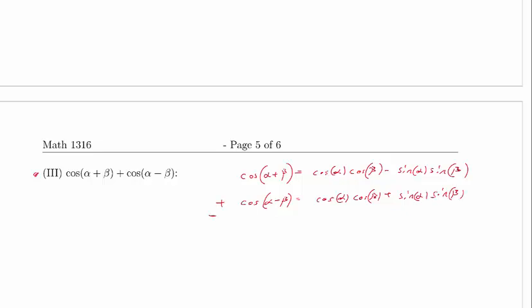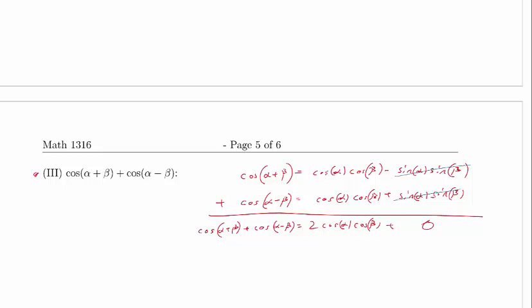And again, we are adding these, and so we get the following result: cosine alpha plus beta plus cosine alpha minus beta. And note that these two cancel, and so we end up with 2 times cosine alpha cosine beta.